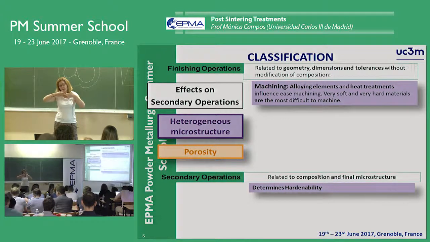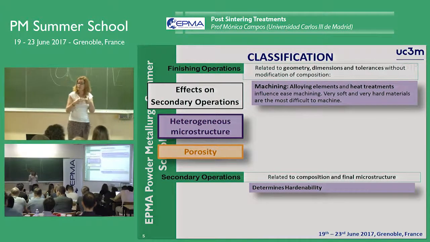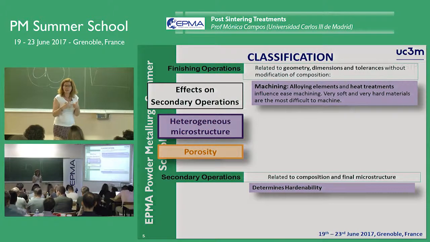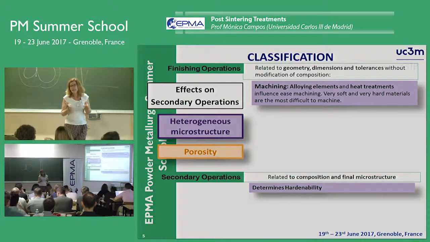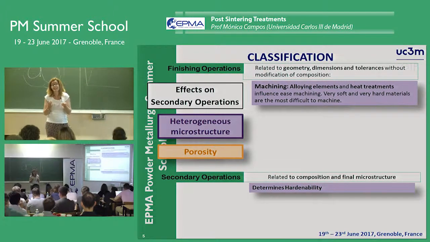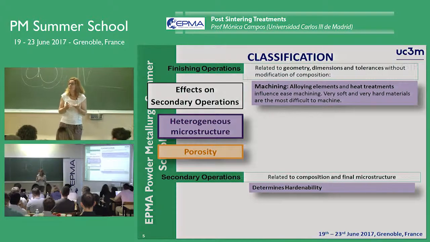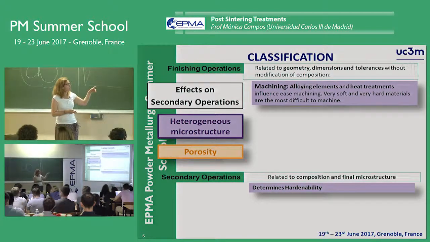And then when we face with the material, it's not continuous, the hardness. All the time the cutting tool is going to see a heterogeneous media. That's the reason why machinability of the PM system is not as easy, well, it's not easy in any case, but it's more difficult than in conventional metals.